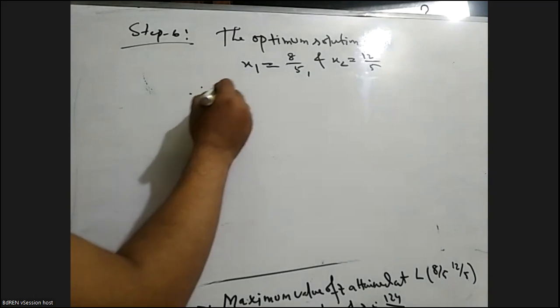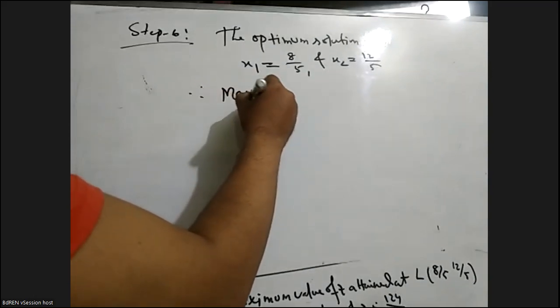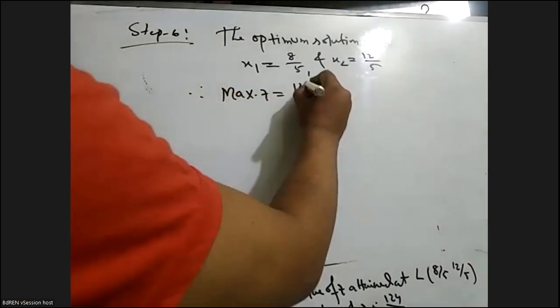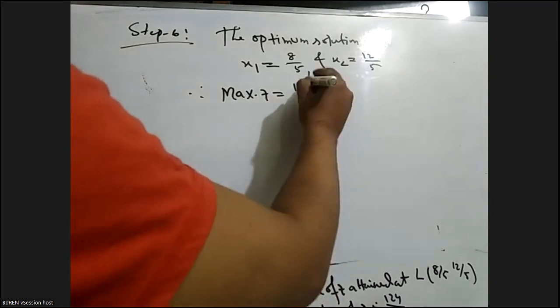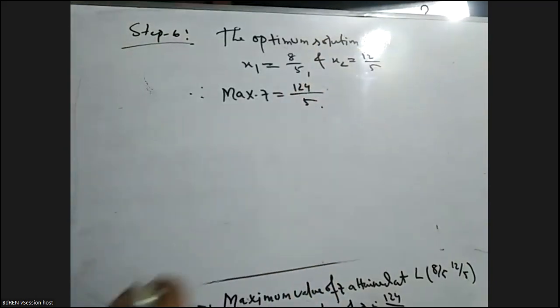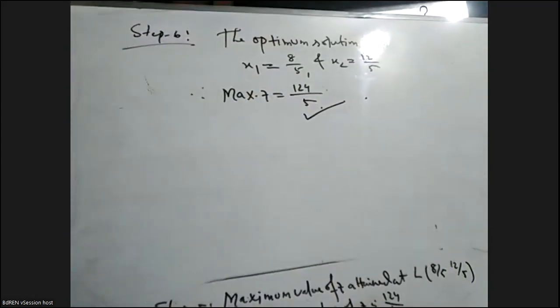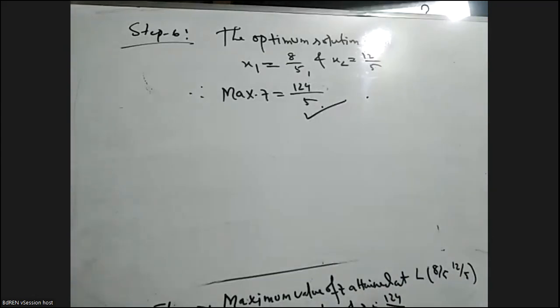And the maximum value of Z equals 124 by 5. This is actually our desired result.